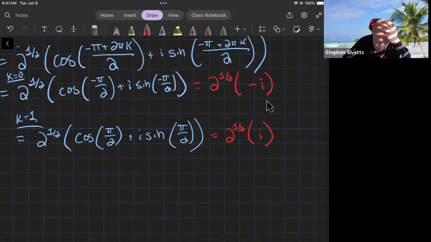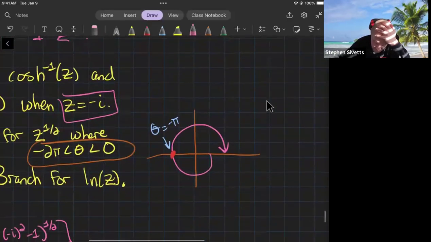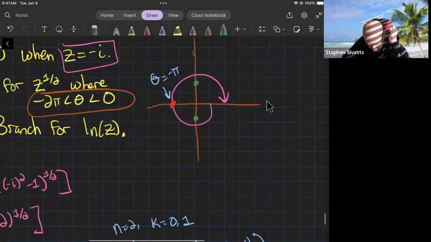Since our range is between minus 2 pi and 0, these angles would be minus 3 pi over 2. Okay? So our roots are along these axes, at these points here and here, right?